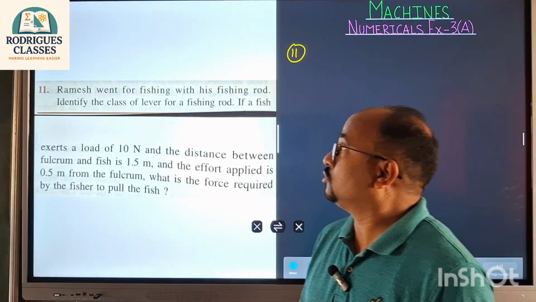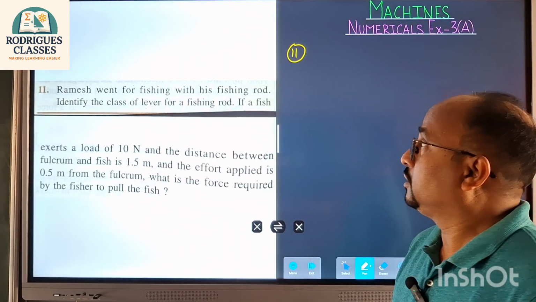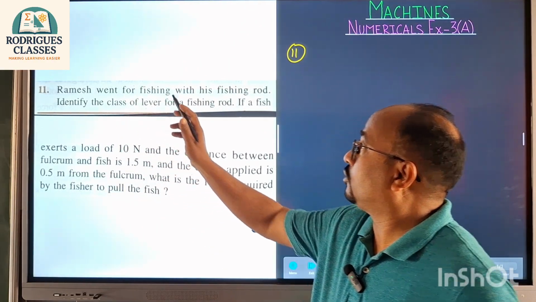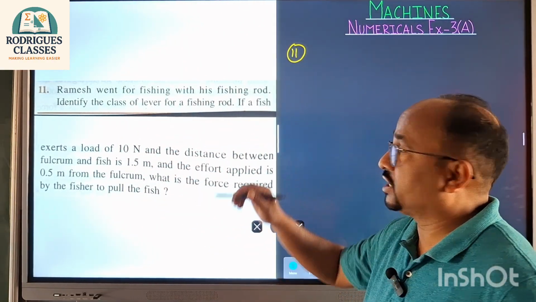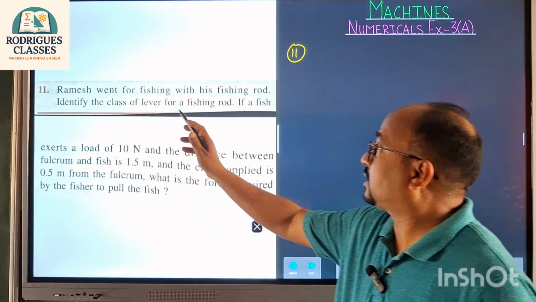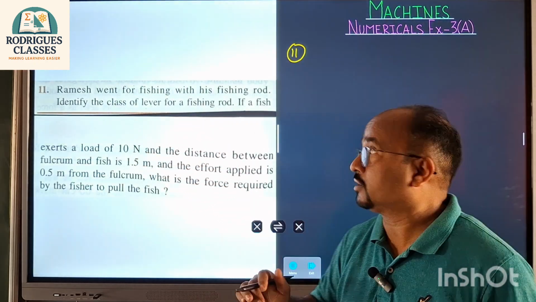Now let us come to numerical number 11, which says Ramesh went for fishing with his fishing rod. Identify the class of lever for a fishing rod.